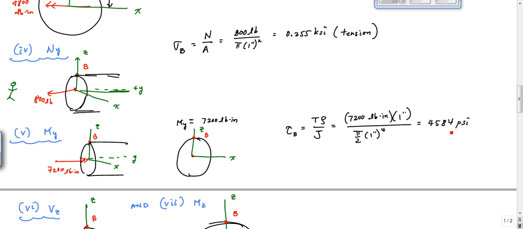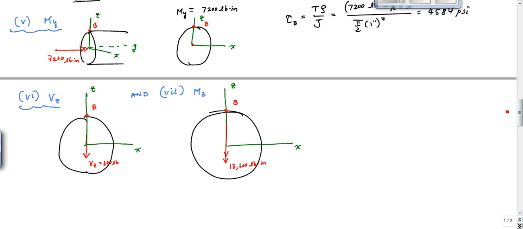And again, we want to think about what direction that shear stress is in. And then we looked at the shear force in the z-axis. And because this is at the very top of the section, my shear stress here is 0 due to Vz. So here, shear stress equals 0 due to Vz.